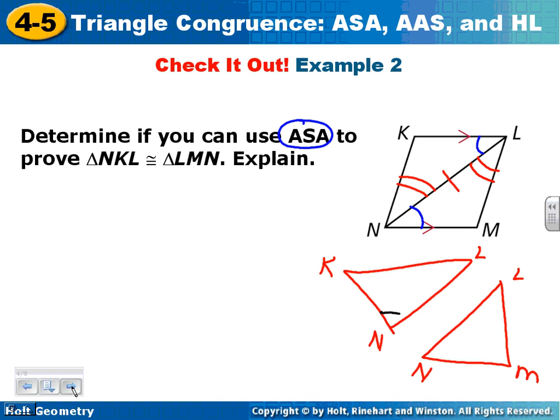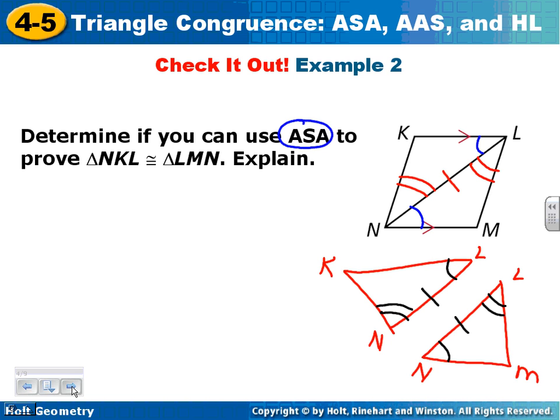This angle would be congruent to this angle. And then this angle here, one tick mark, I'm sorry, arc mark, and then of course my shared side. So oftentimes it helps to see the triangles drawn separately, pull them apart.